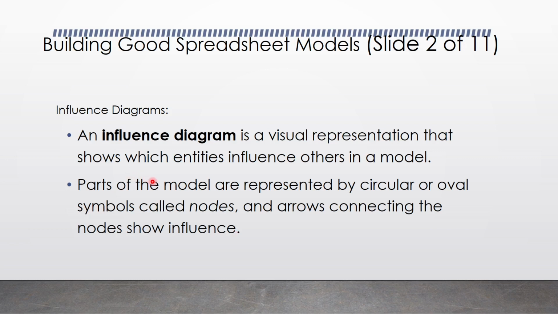A conceptual model also provides a clear way to communicate the model to others. This influence diagram is a visual representation of which entities influence others in a model. Parts of the model are represented by circles or ovals called nodes, and arrows connecting the nodes show influence.